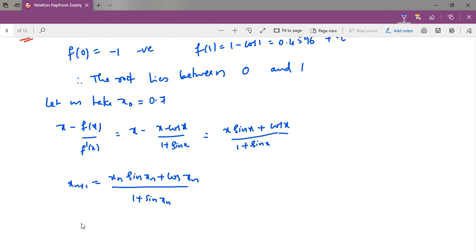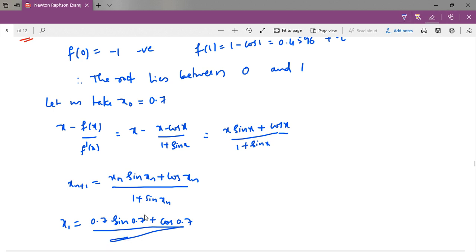Now x naught is 0.7, so x1 is equal to 0.7 into sin 0.7 plus cos 0.7 divided by 1 plus sin 0.7.